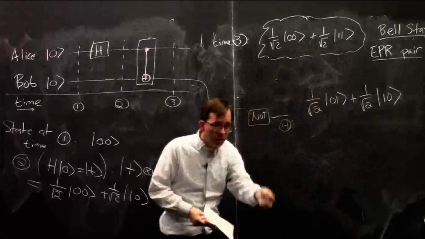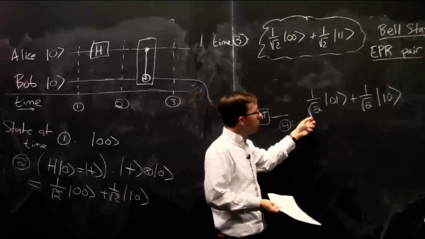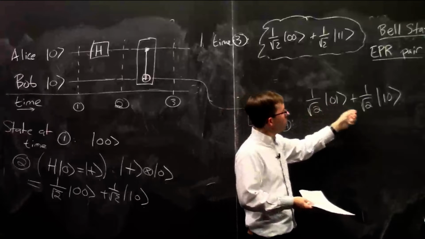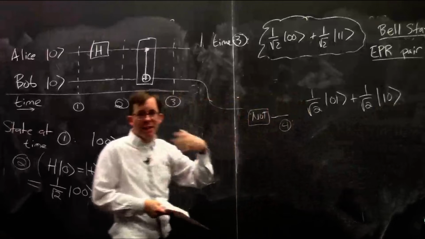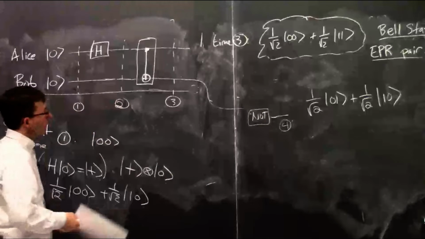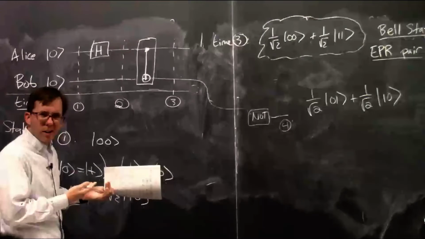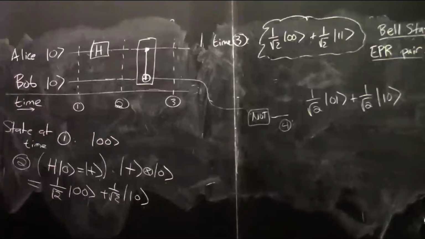And then if Bob flipped his coin, then you would say, all right, now the new state is probability 1 over root 2 that it's 0, 1, and probability 1 over root 2 that it's 1, 0. So you just use the same intuition or rules that you would use as if it were probabilities, like you did on the first homework, and that's the answer.